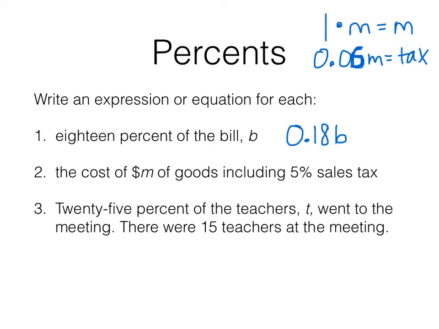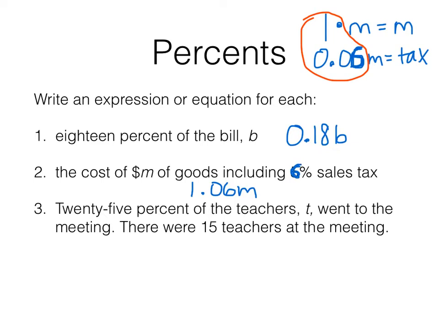Well, I can take my 1 and my 0.06, and I can combine them. So I can make it 1.06M. And that's going to give you 1 times M, which is the cost of the goods you're dealing with here, and then 0.06 times M, which is the tax. So together it gives you cost with tax. So it's total plus tax, all together in one, okay? And so I'll fix that. Should have been 6% sales tax, huh? Because we have 6% sales tax here in this part of Virginia.